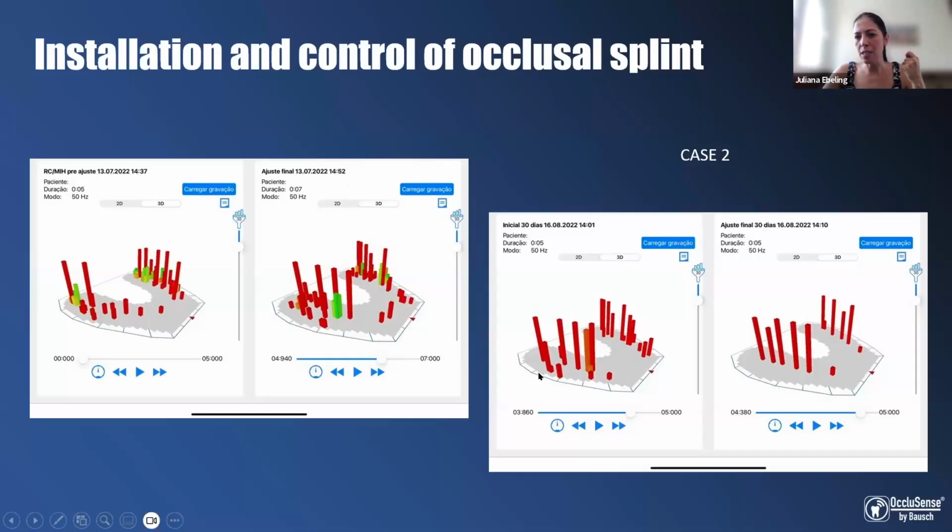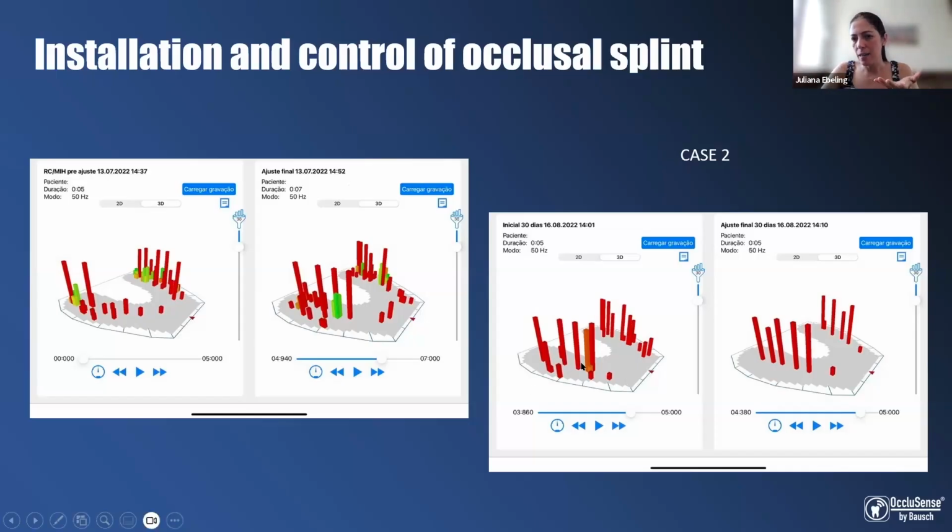Why? Because after 30 days, this is the same splint without adjustment, just the muscle activity changing. This is really common. We see this in every patient that has muscle hyperactivity. We see this pattern, this change.